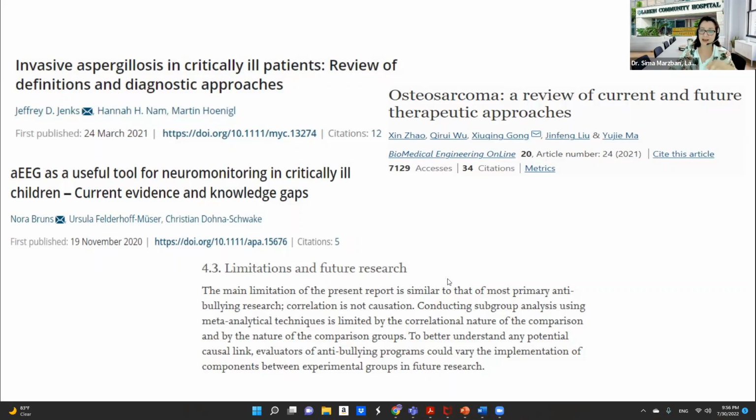So if your research area is chronic kidney disease, and you have found a list of issues under chronic kidney disease, and then you want to add updated, cutting edge topics and issues to your list, you can go to the limitation and future research section of the available published articles to find what the limitations of the published articles are, that potentially can be your topic of research.